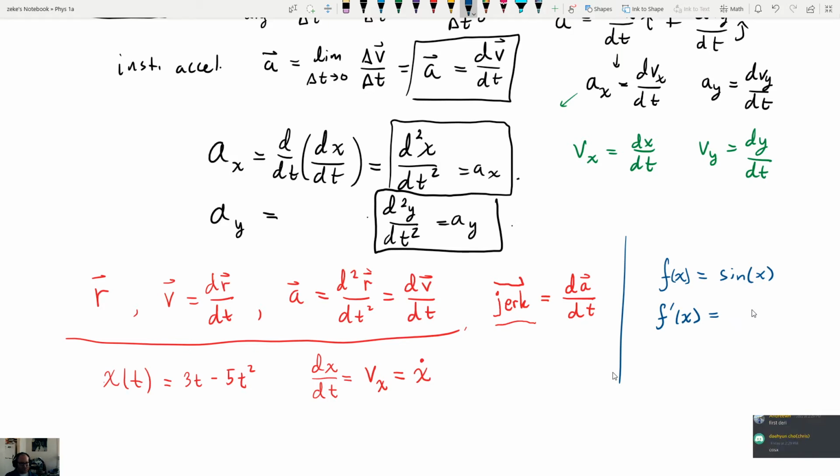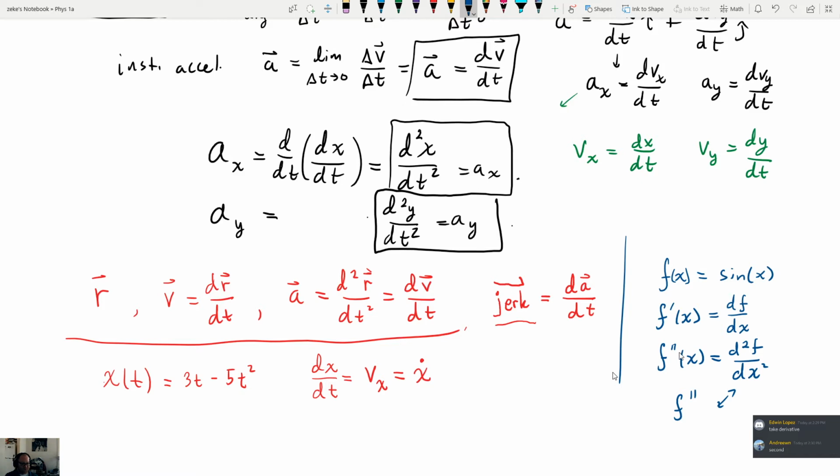The first derivative with respect to x, right? So this means take the derivative of the function with respect to x. And if I write f double prime, that means to take the second derivative, which we write as d2f dx2. And you could get by without even writing the x, right? f double prime would just mean the same thing.